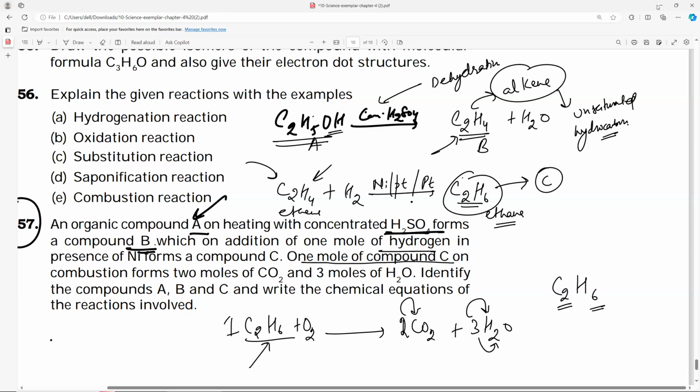B is ethene, C is ethane. Got this one? Yes, sir.